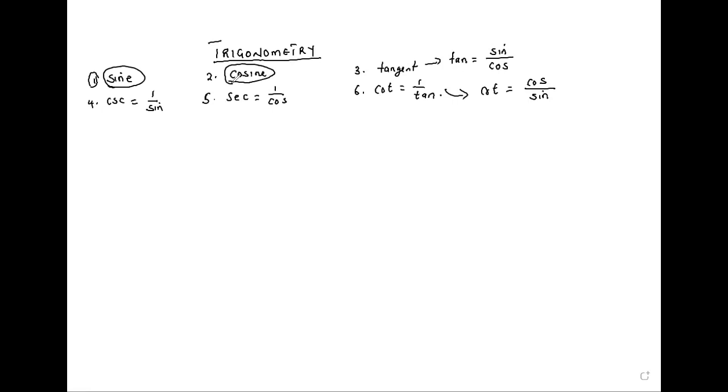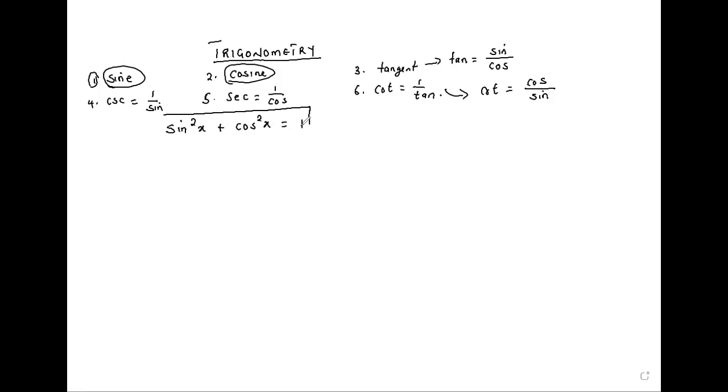That said, we now need to know how sine and cosine relate. The first relationship, which is called an identity, is that if you square sine and square cos, the sum is going to be 1.